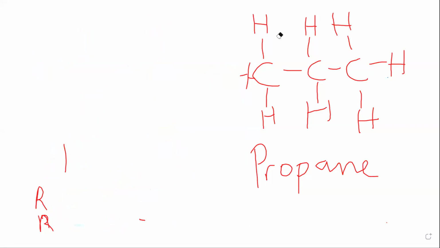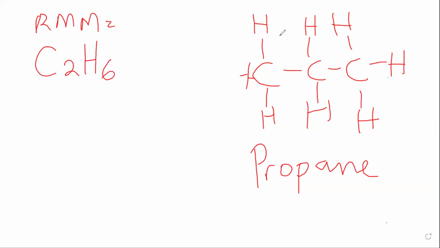So the molecular mass of ethane: we said it has 2 carbon atoms and 6 hydrogen atoms. So that means we'll get the atomic mass of carbon, which is 12 times 2, plus the atomic mass of hydrogen, which is 1 times 6.